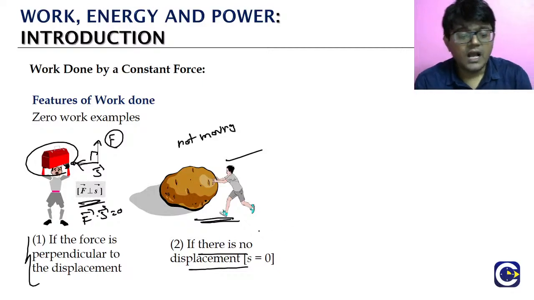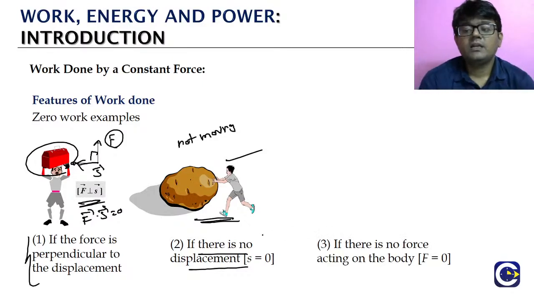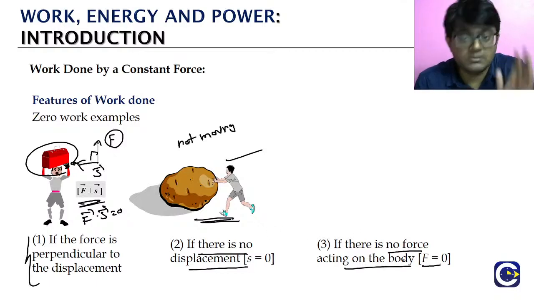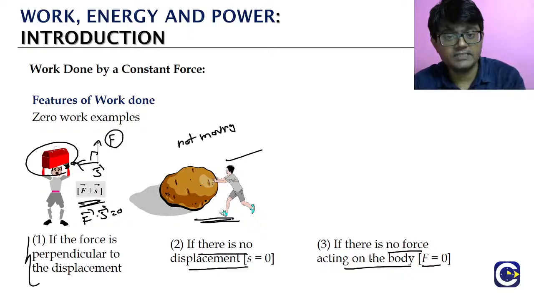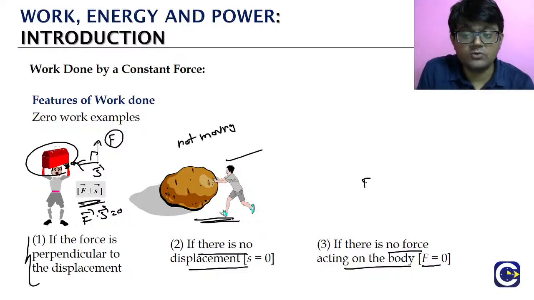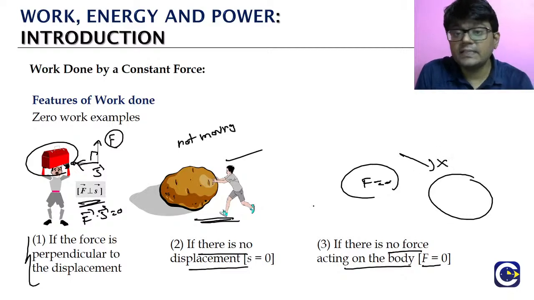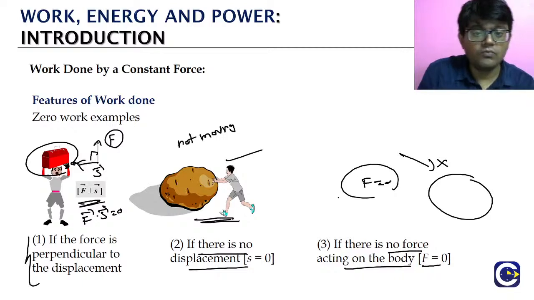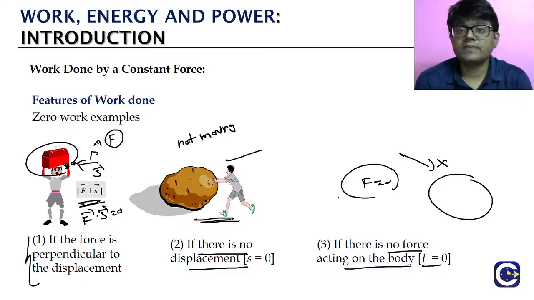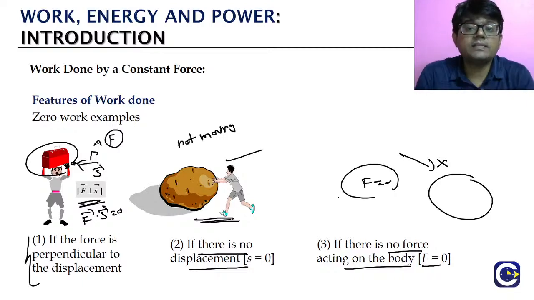And in some cases, there is no force at all acting on the body. F is 0. On a particular object, we don't have any force acting. Then in that case also work will be 0. So work can be positive, it can be negative, it can be 0 also.